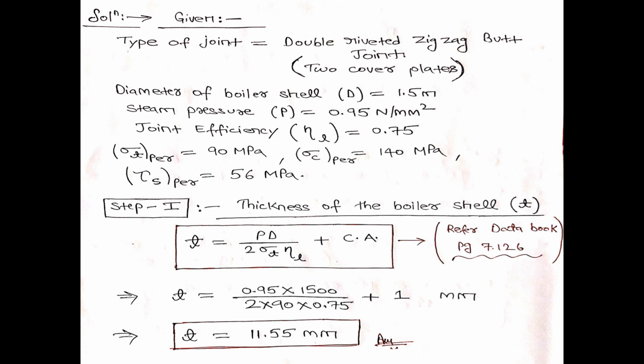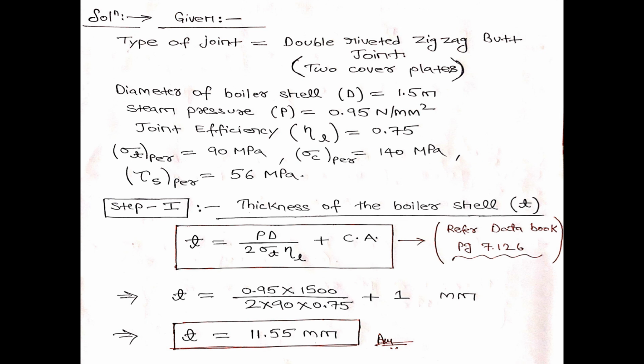The first step is what? First step is the thickness of the boiler shell. I know that thickness is nothing but P into D divided by 2 sigma T eta L plus CA. CA is corrosion allowance. I know that it varies from 1 to 2 mm. I have taken it as 1 mm. You may take it as 1.5, 1.4, 1.3.